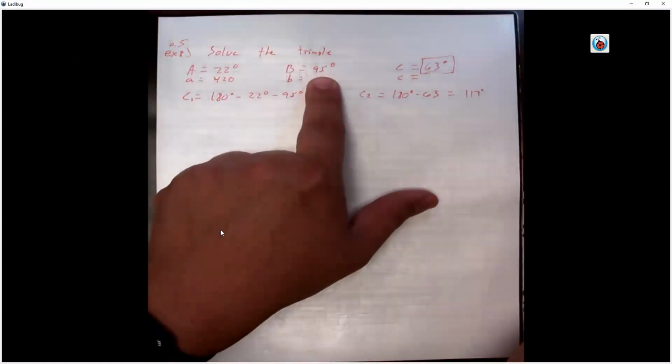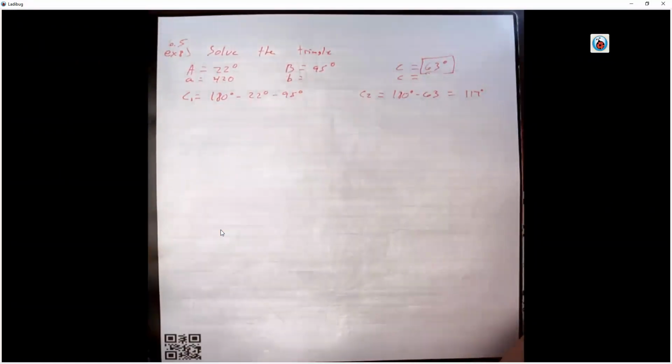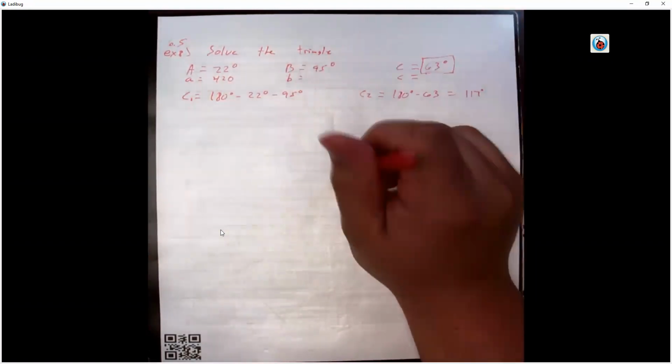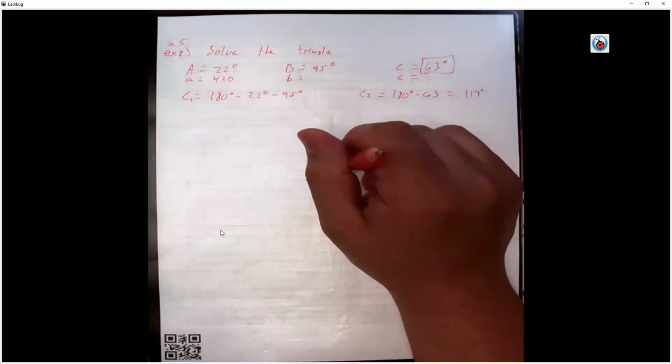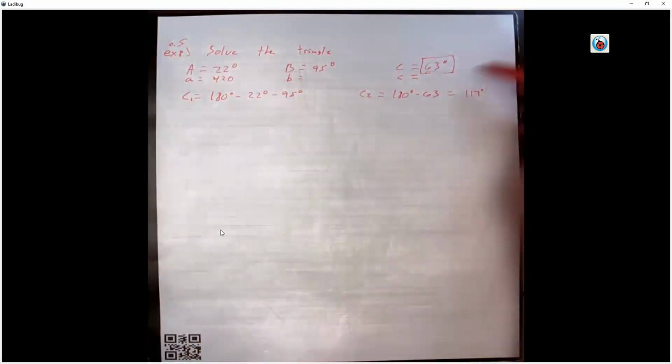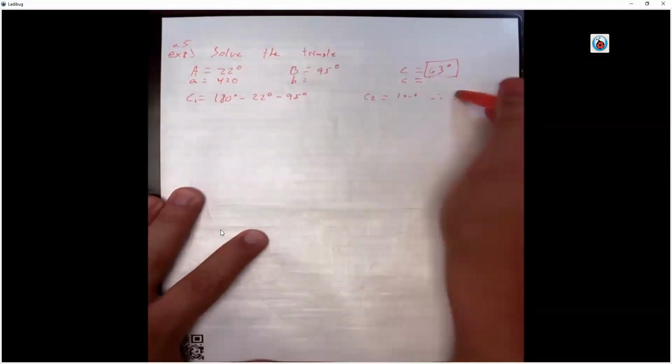It's too big, right? An easier way to think about this: since they have given you two angles, they're fixed. It's not going to sweep across. Whenever you are given two angles, there's only one triangle. There's no way another one will appear because you have two corners that are fixed already. You just need that missing corner. Does that make sense? So we don't have to do any of this. If you are given two angles, you have one triangle.